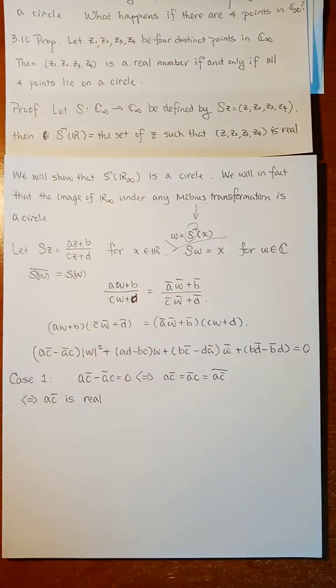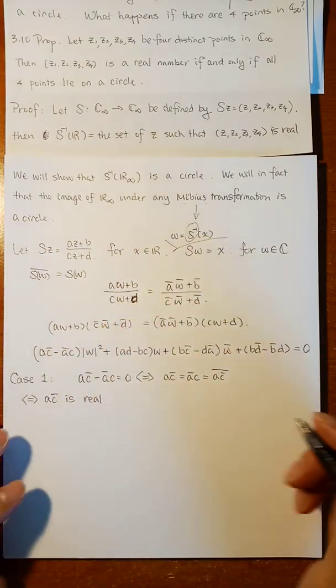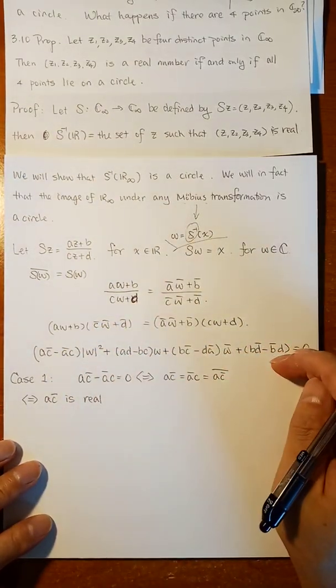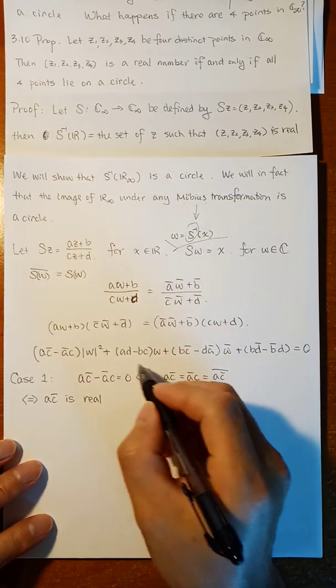When AC bar is real, the first term disappears. You only have the second, third, and the final term. Well, let's see.